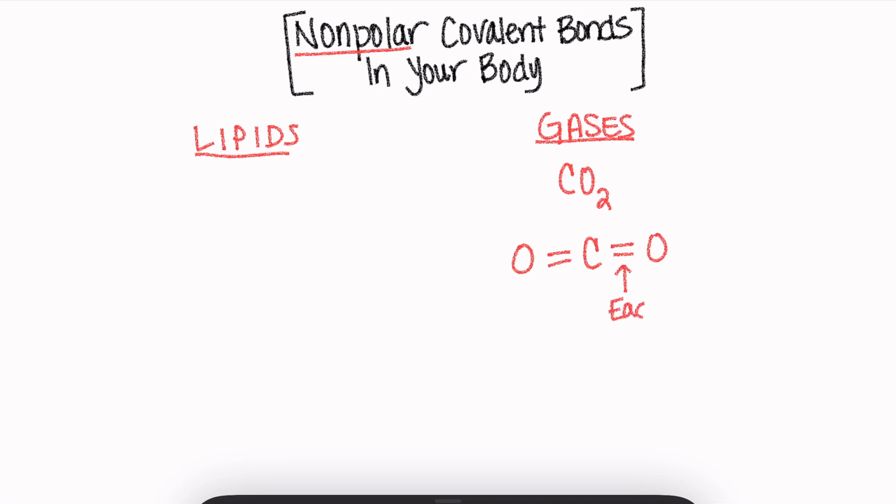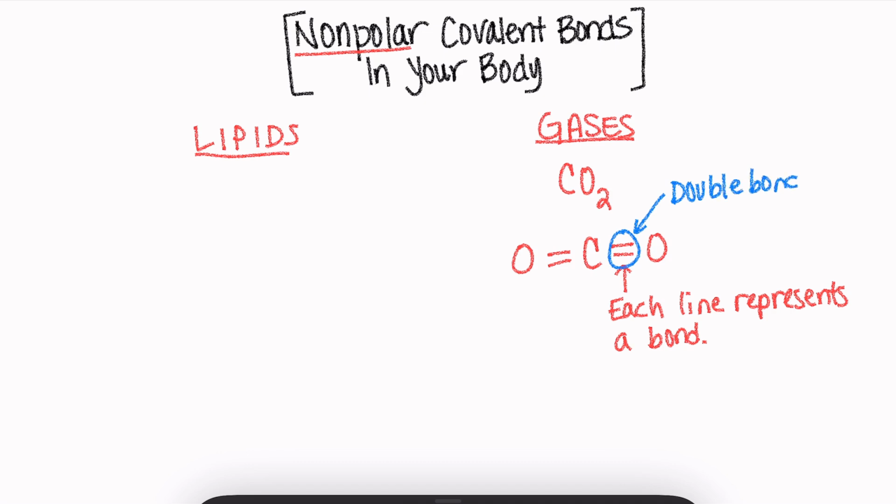Each line represents a bond. So, you've got 2 double bonds right here. And this is considered nonpolar because the electrons are equally shared by all 3 atoms in the compound.